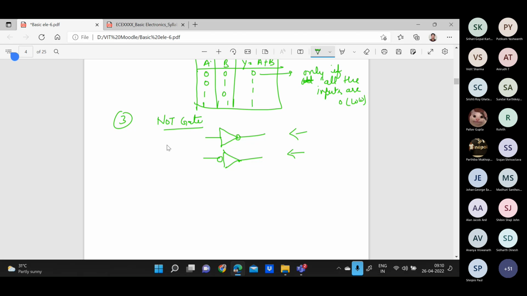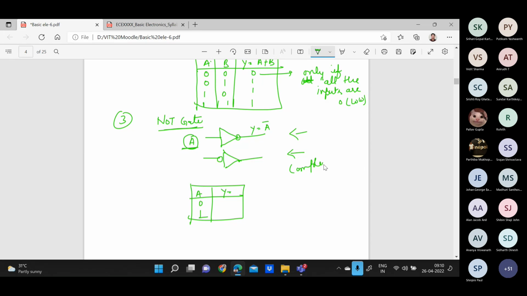But a very important point is that here we have only a single input, that is A. If I draw, this is our input and this is Y. As there is a single input, there is a possibility of only 0 or 1. Y is represented as A bar, the complement or inversion.